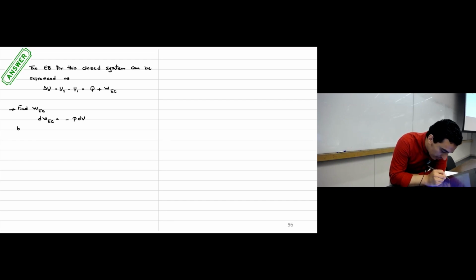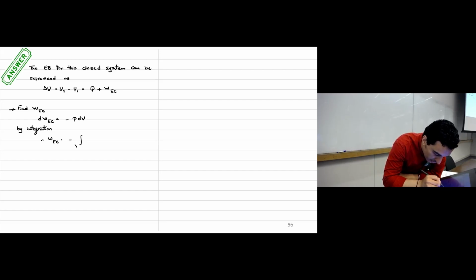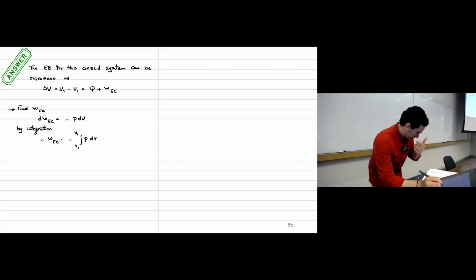So we can say by integration that the work of expansion contraction is minus the integration from V1 to V2 of P dV.